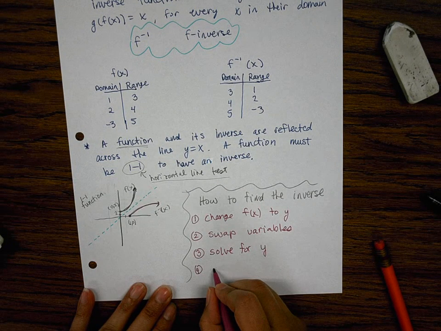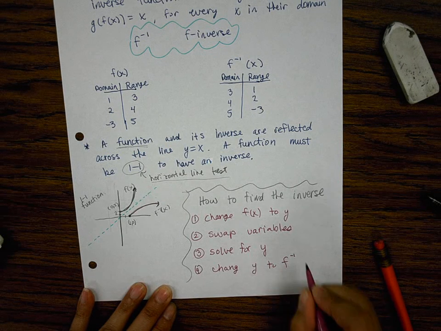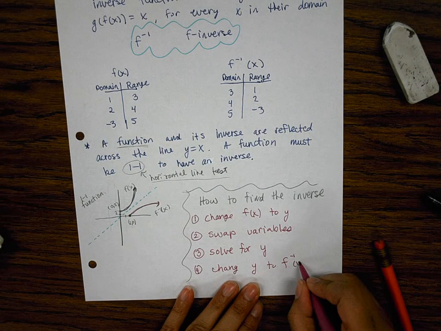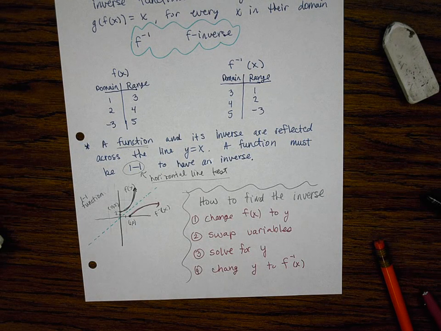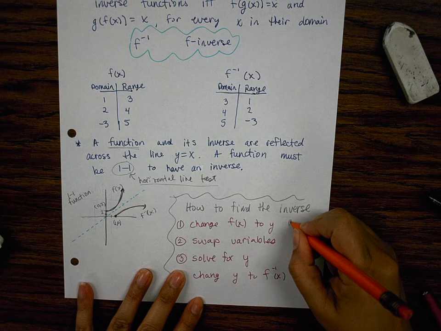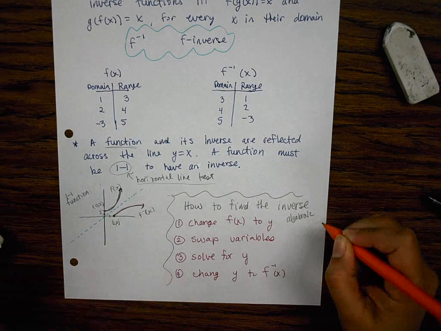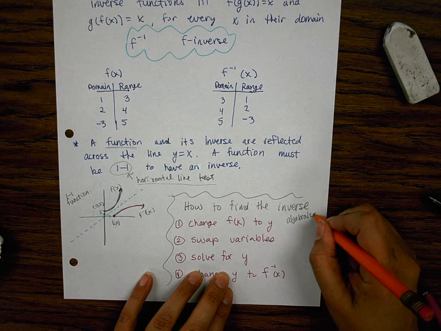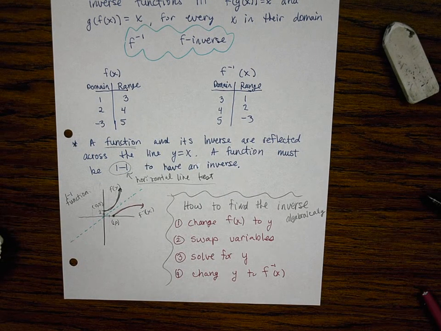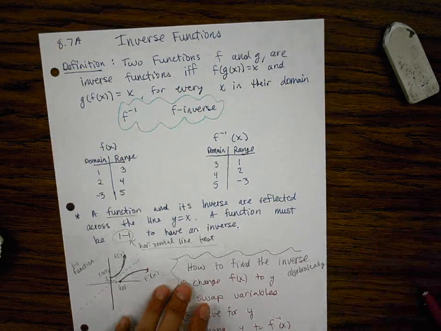And step 3, solve for y. And I'll go ahead and put 4 in there: change y to f inverse of x, or g or h, whatever letter you may be using. Okay, so this is how to find the inverse algebraically.